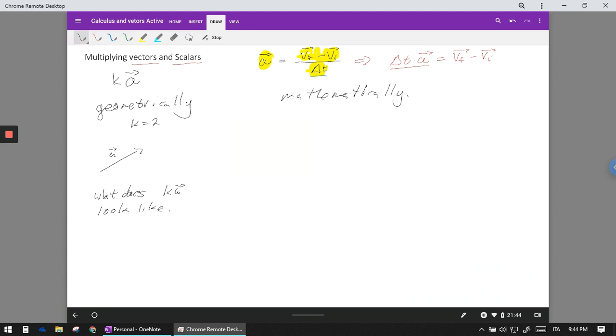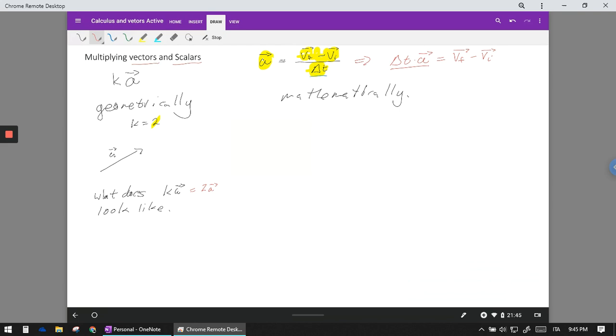Well, K is 2, okay, and A is just this vector here, all right? So basically, what I do in order to do KA, it's actually equal to 2A. And just as you would expect, it's twice A, okay?